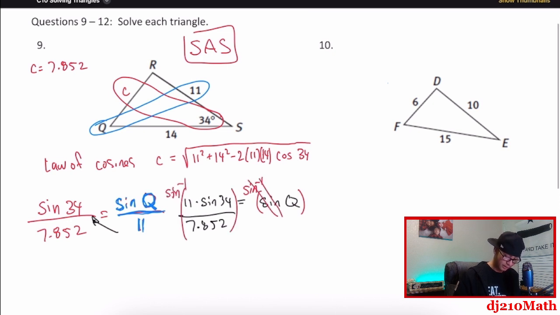Sines cancel on the right. So q, the angle, is going to be equal to, using the calculator, inverse sine, 11 sine 34 over 7.852. So q is going to be equal to 51.57.